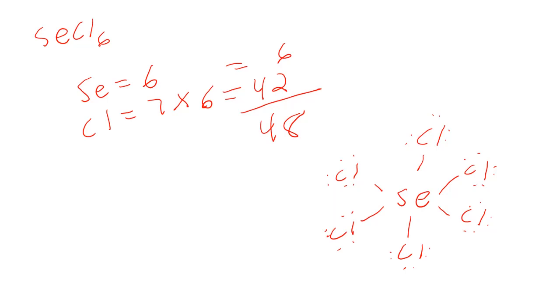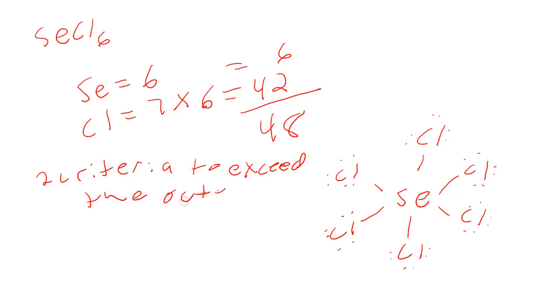So why can we put 6 chlorines, meaning 12 electrons around selenium? So if you think back to your video on Lewis structures, there are 2 criteria that we have to meet in order to exceed the octet on a central atom.